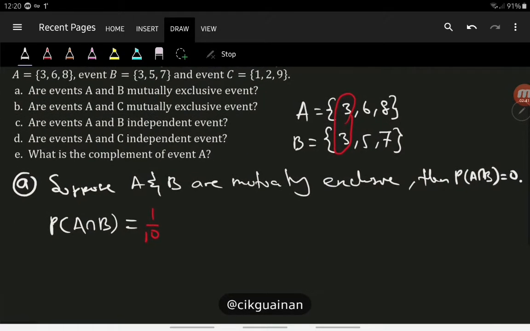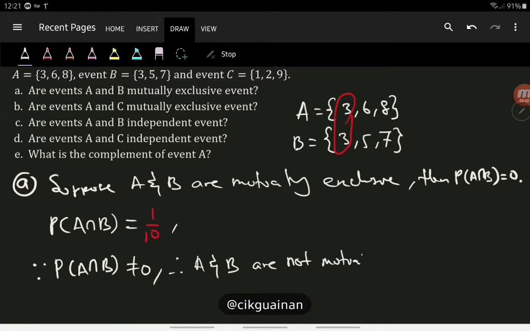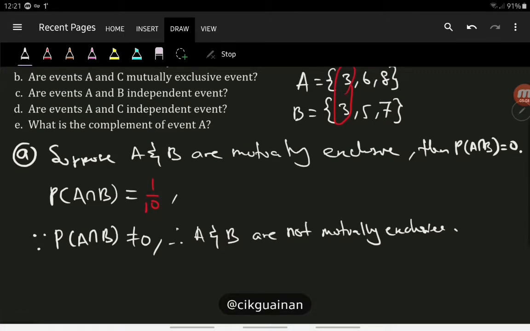Since P(A intersect B) is not equal to 0, therefore A and B are not mutually exclusive. That's for the first one.